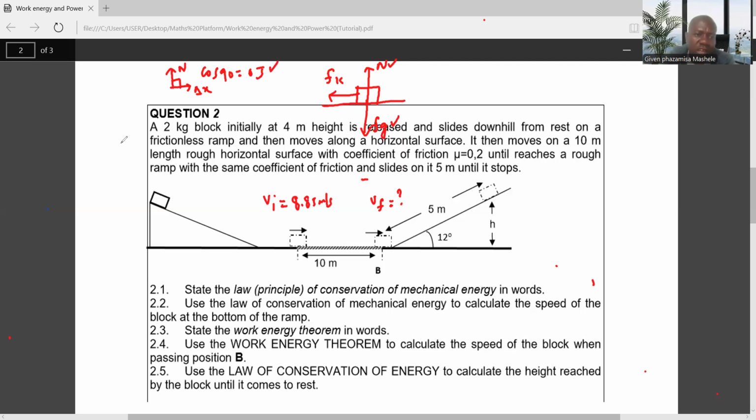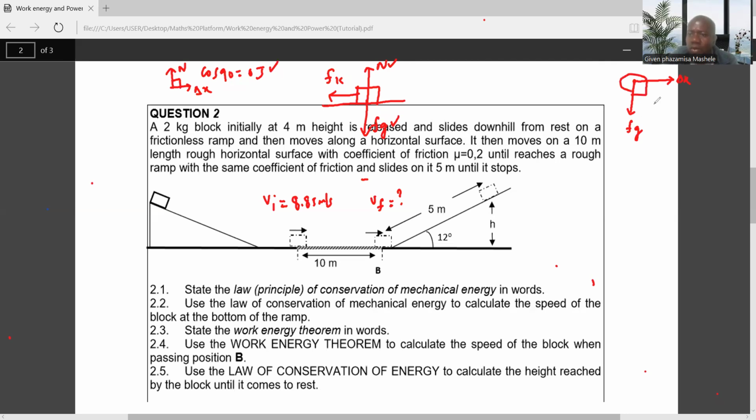Look at FG. FG is directed downwards. It's not at an angle. It's moving downwards, and this is our FG. What is the direction of the object? To the right. So this is delta x. So what is the angle between? It's either we use 90 or we use 270.